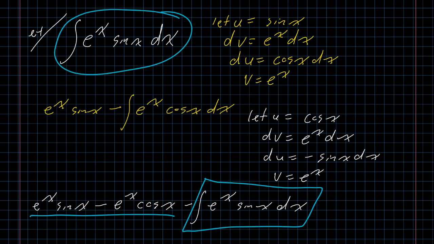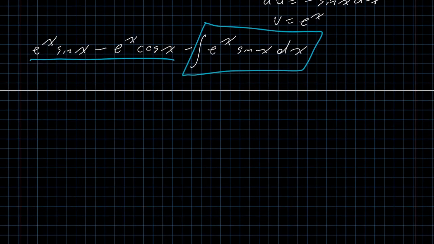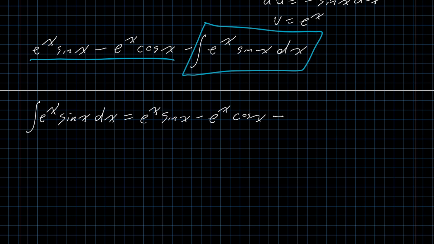But if you stop and think about it, you can really have some fun at this point. What did we just do? We said that the integral of e to the x times sine x dx is equal to e to the x sine x minus e to the x cosine x minus the integral of e to the x sine x dx.